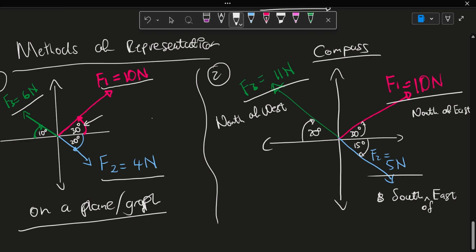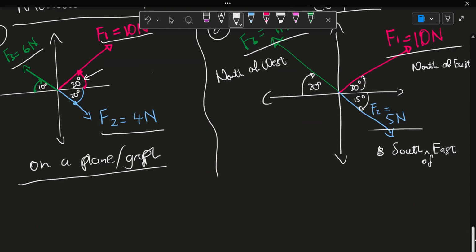Now you realize that I'm having these as south of east, just a very important NB. The only time I am allowed to say this is 5 newtons southeast is if and only if the angle of inclination is 45 degrees.